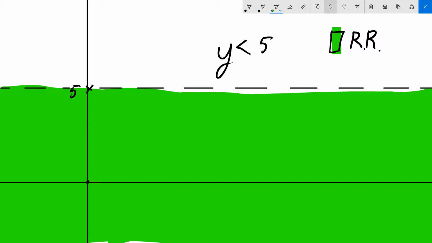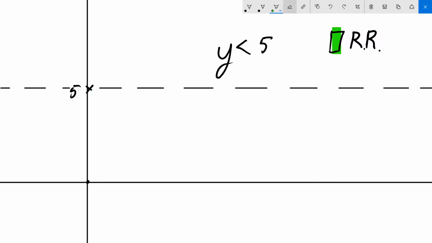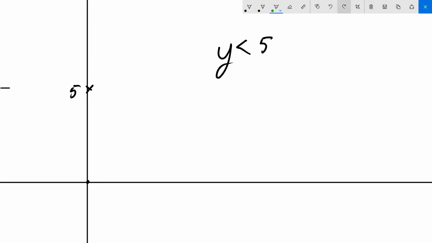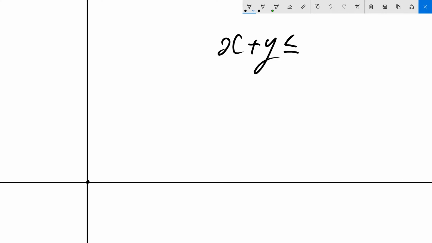So, what if I don't want y is greater than or equal to 5 or something like that? What if I want a line instead? Well, we can do that as well. What if we had a line x plus y and it was greater than or equal to, let's say, 2?